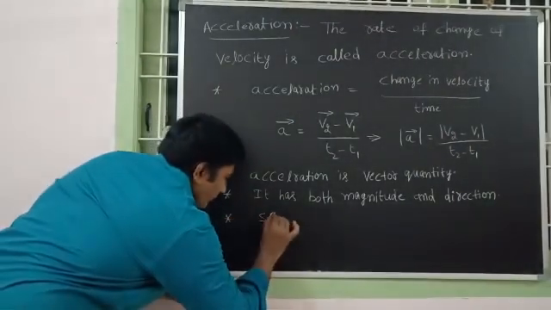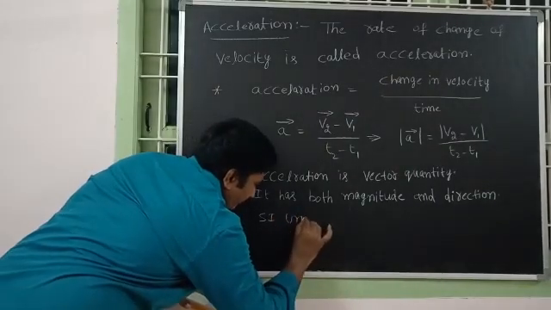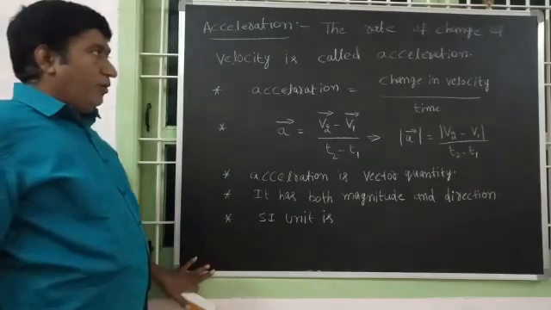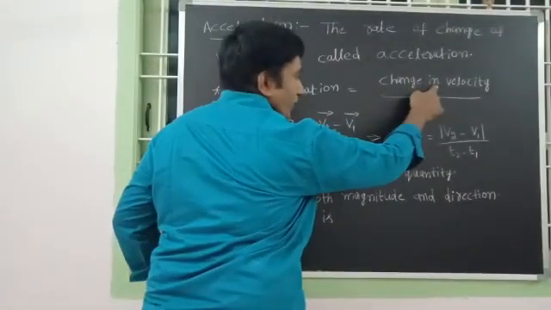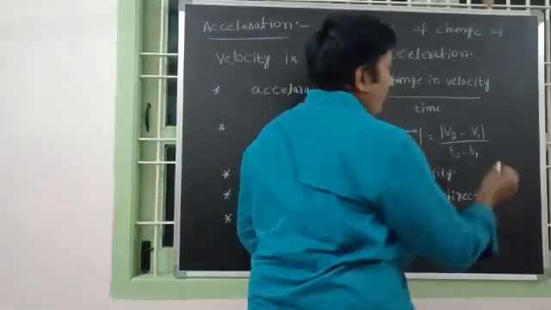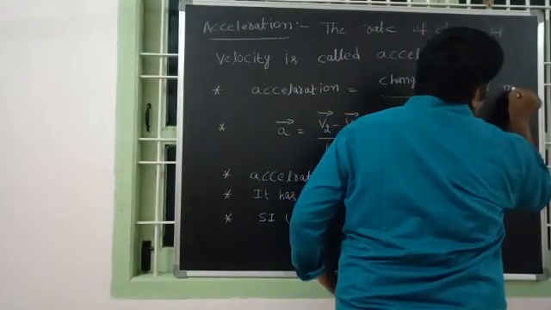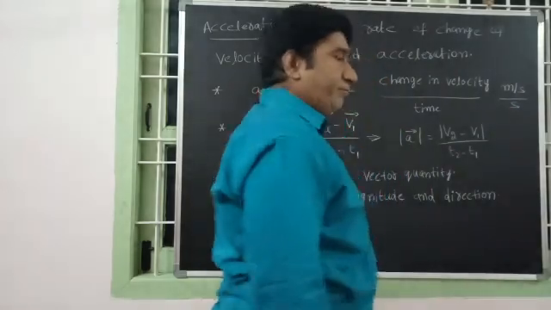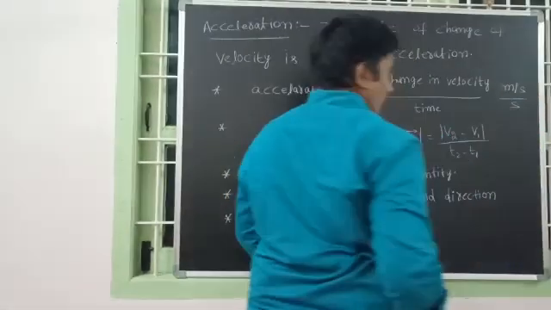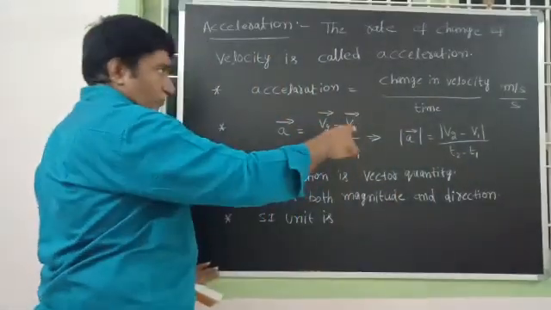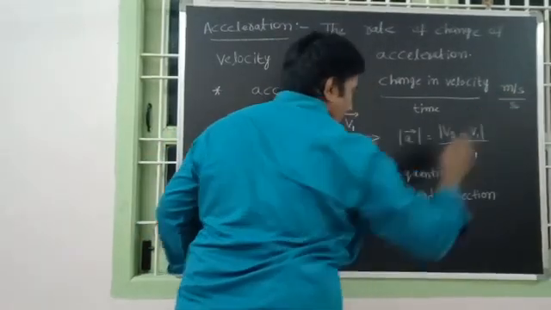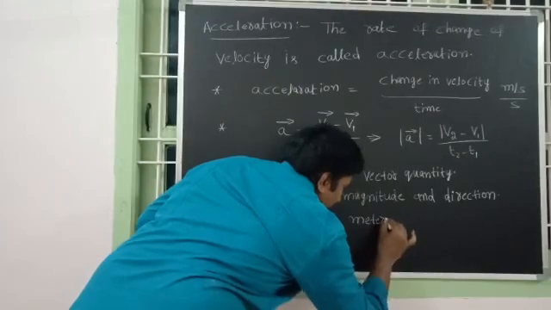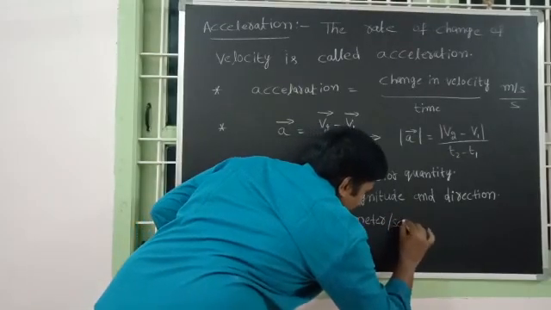So the SI unit: if you remember, for change in velocity, the SI unit is meter per second. Divided by second, this gives meter per second by second.